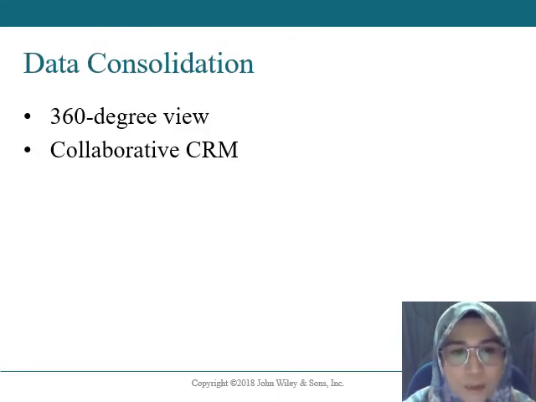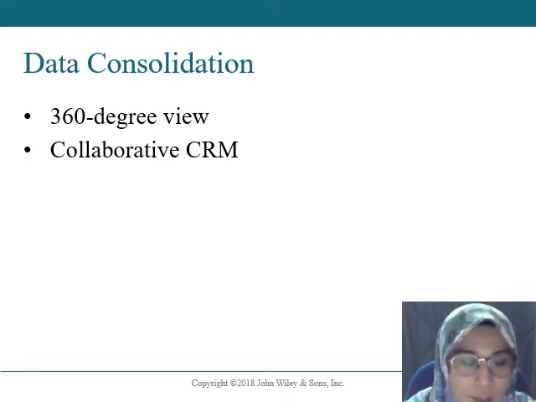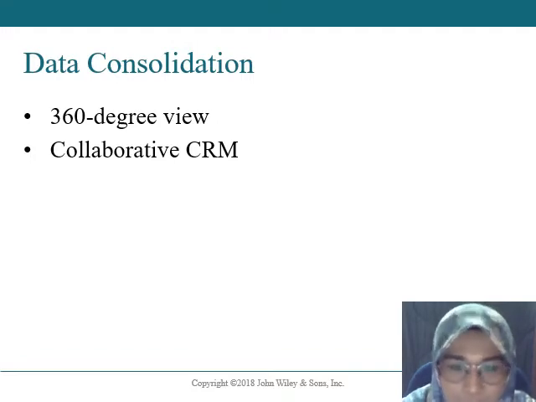Okay, so this refers to data consolidation. So the data consolidation 360 degree view refers to the data from the customer. Because earlier Madam I have mentioned that data consolidation is about the customer's data.